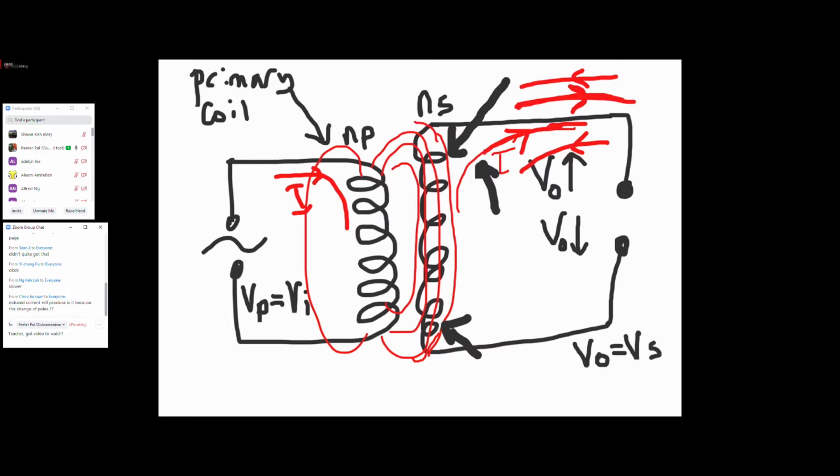If current flows one time to the right, constant changes of the electromagnetic poles on the secondary coil will make the secondary coil constantly undergo changes of flux. So the secondary coil will constantly produce induced current, electric current.